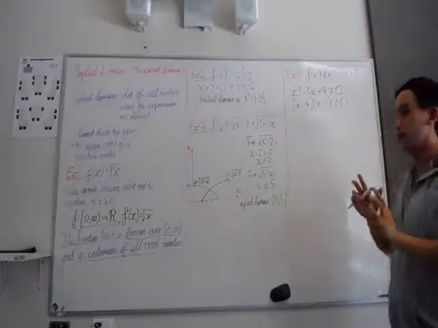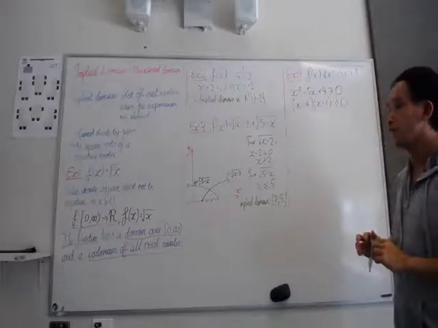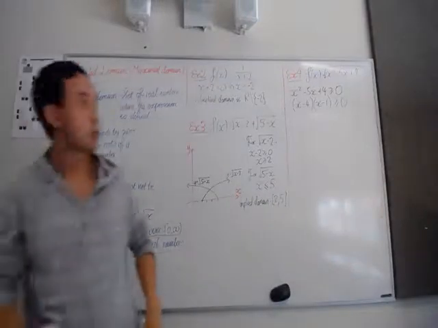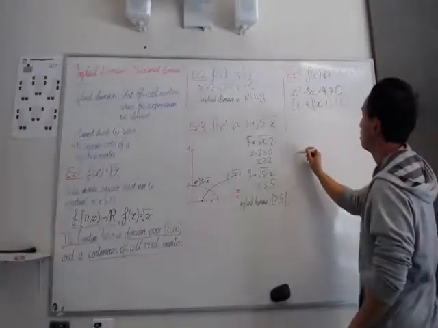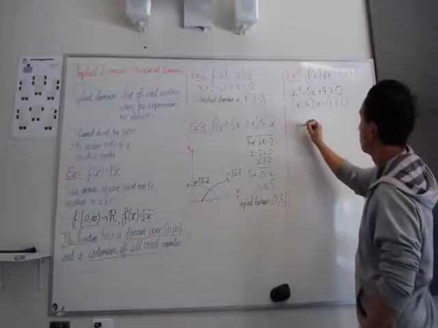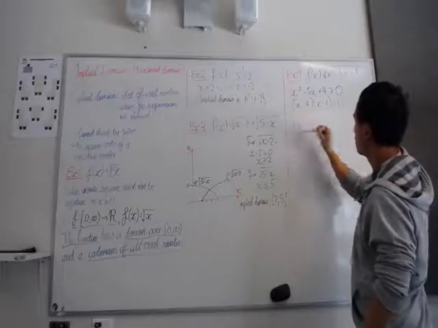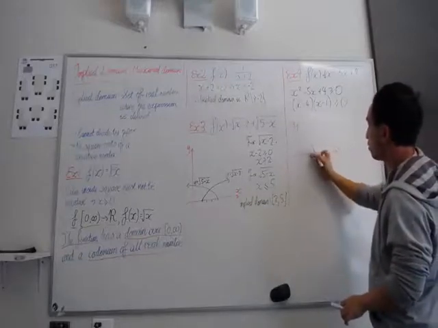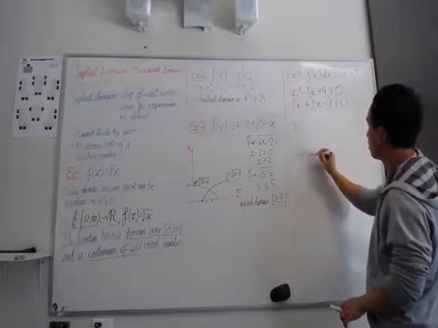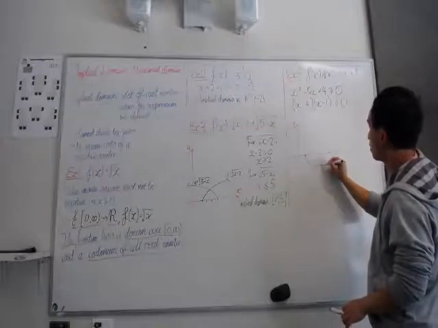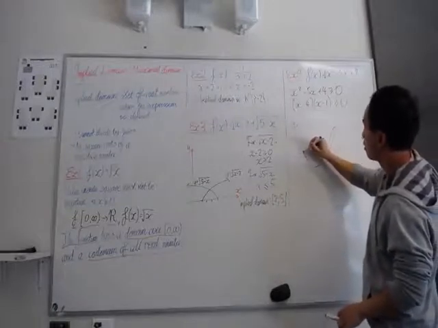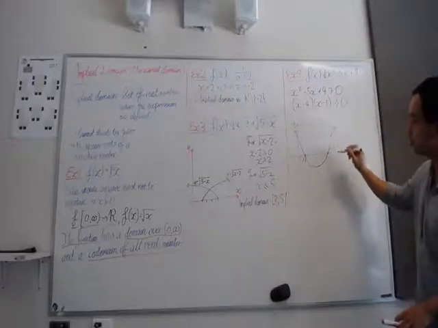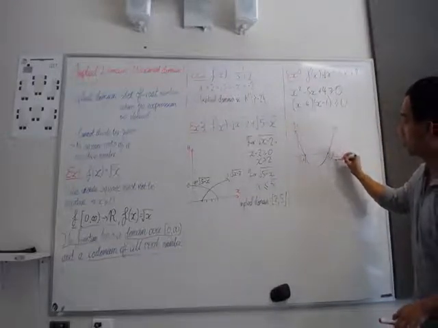Okay, so to play it on the safe side, we're just going to draw a graph and see where the inequality is. So we're going to have a parabola, positive one, going through two x-intercepts at 1, 0, and 4, 0.